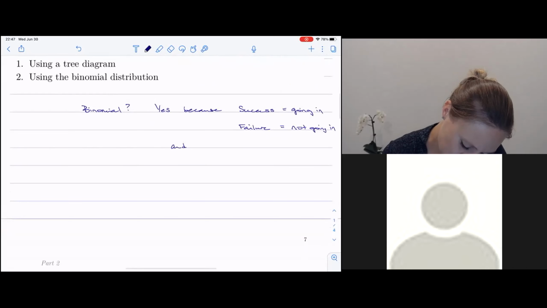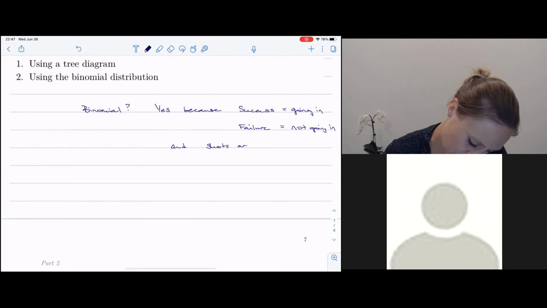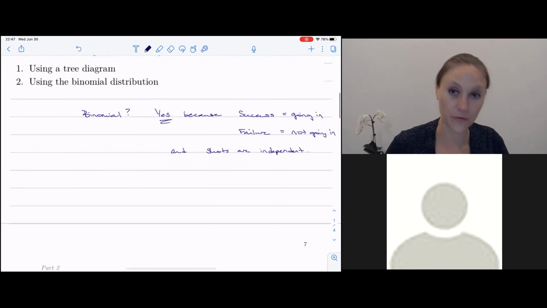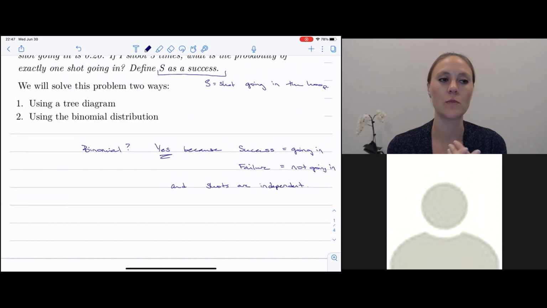And the events, the shots, are independent. So the first thing you want to do is just identify, is this a binomial situation or not?